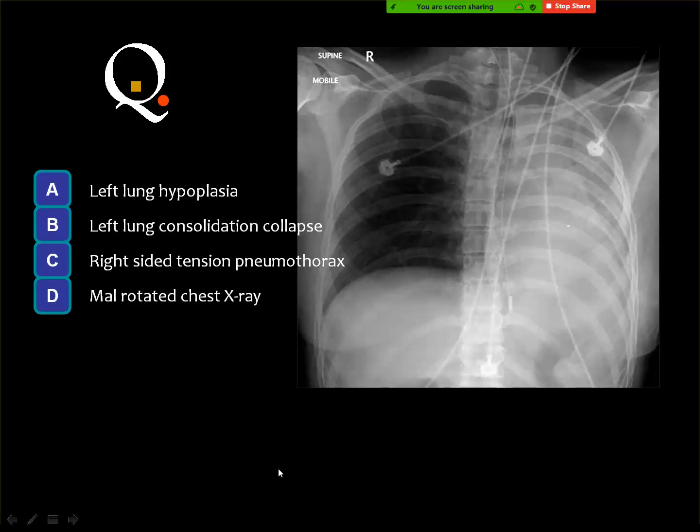Right-sided endotracheal tube. Yes, malposition of the endotracheal tube, which is placed more down than usual. It has passed the carina into the right main stem bronchus, so the bronchus of the left lung is occluded and the right lung is only aerated.